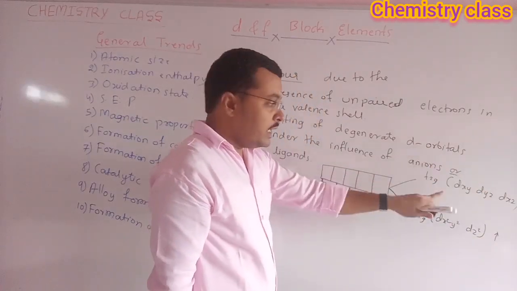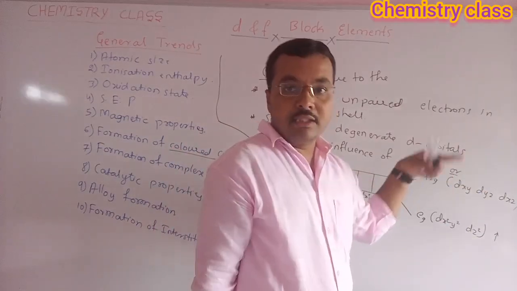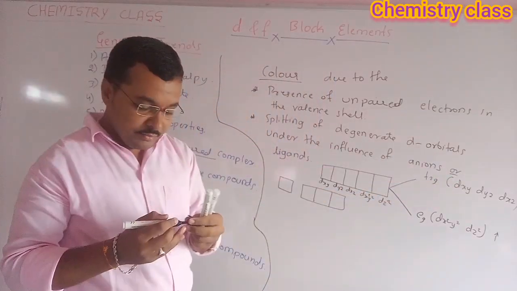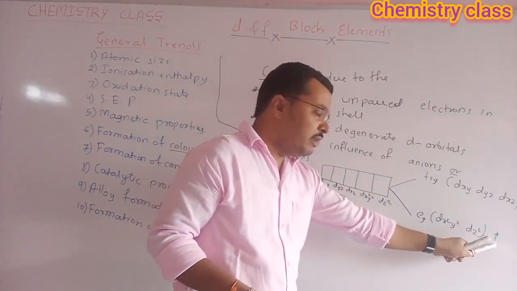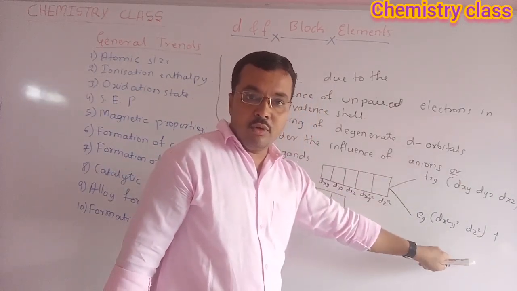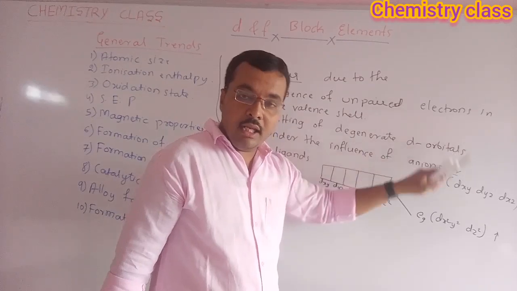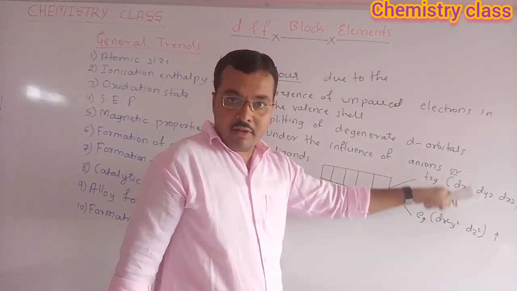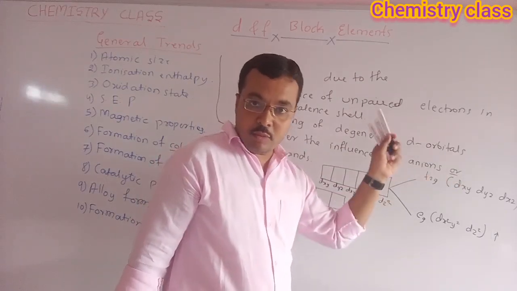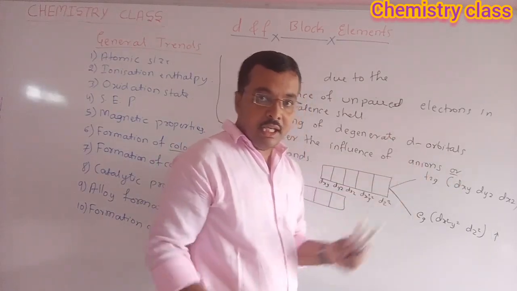Due to the excitation, they will exhibit different colors in the visible region. Whenever they gain energy, they undergo excitation and move on to the higher energy level. During the movement towards the higher energy level, they will absorb some amount of light energy in the visible region.